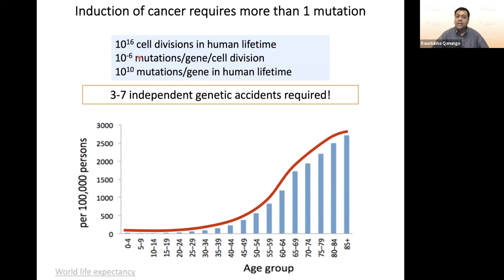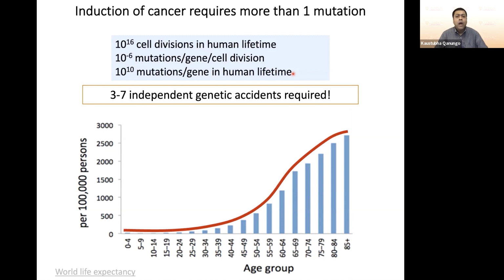But still, that number is a little bit scary. So what can happen in a human lifetime if you just do this? 10 to the power 10 mutations per gene in a human lifetime. That's a huge number, and we should not expect that, because we usually see that, probably in prosperous countries, not even in developing countries, about 20% of people have cancers at a certain stage of their life.